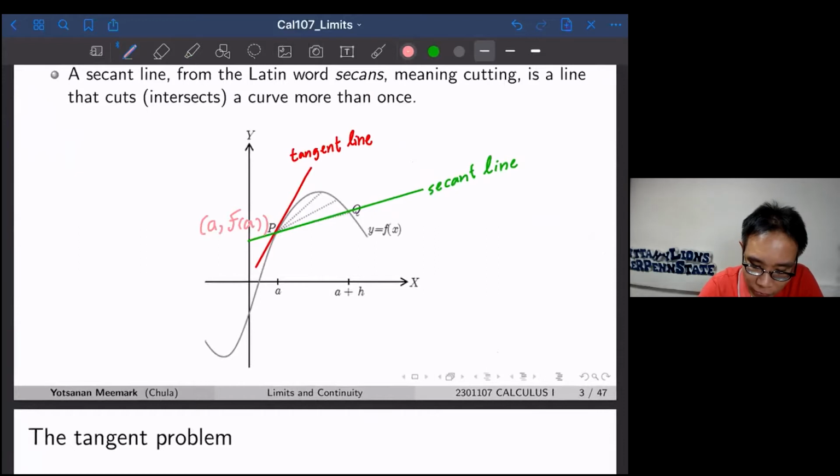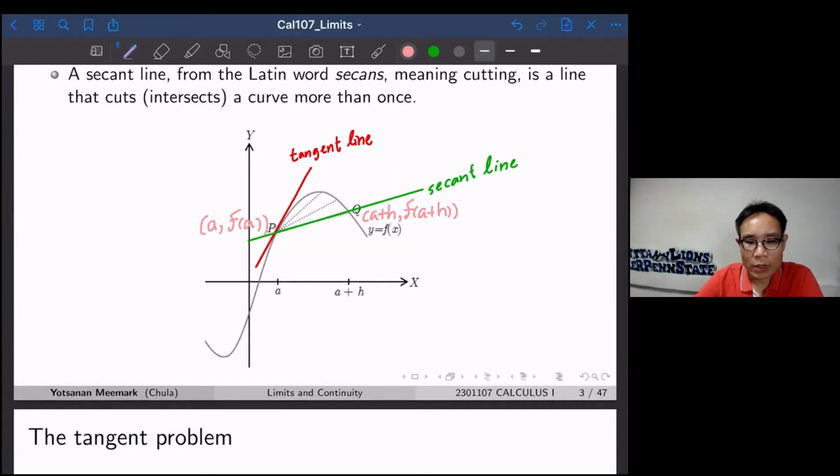The point Q will have coordinates (a plus h, f(a plus h)). So you have the point P and the point Q like this.